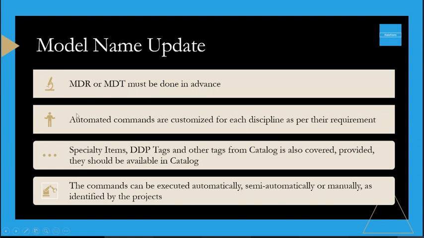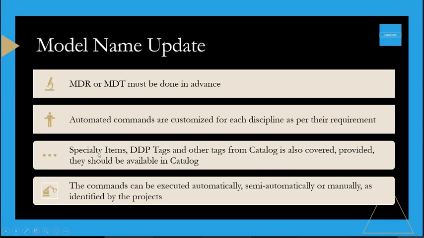The other one is that we provide commands where we can change the values of the attributes, which can suit your name update or any other value that has to be changed. That can be customized with this command.